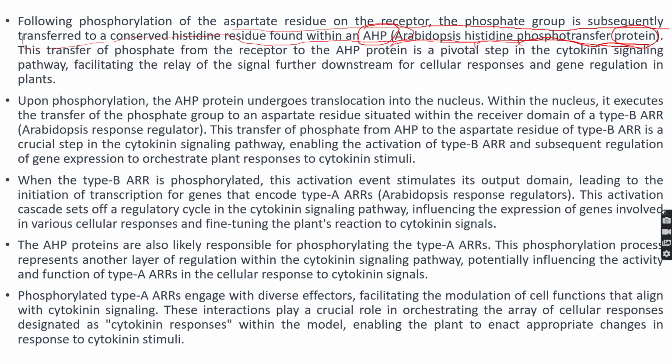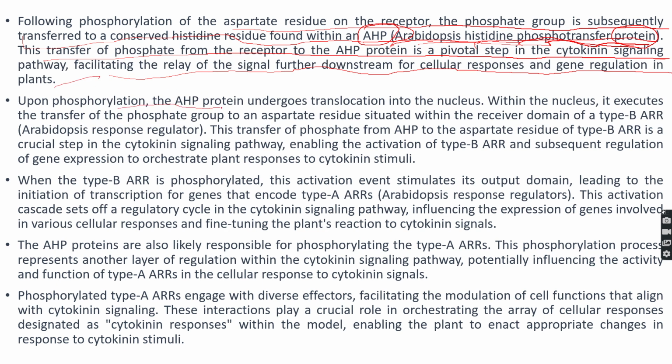Here it is also a protein, Arabidopsis histidine phosphotransfer protein. This transfer of phosphate from the receptor to the AHP protein is a pivotal step in the cytokinin signaling pathway, facilitating the relay of signal further downstream for cellular responses and gene regulation in plants.